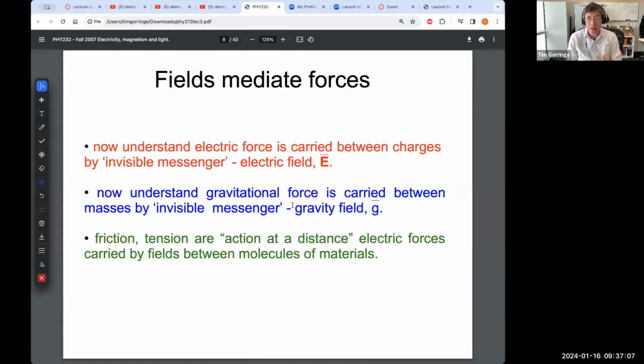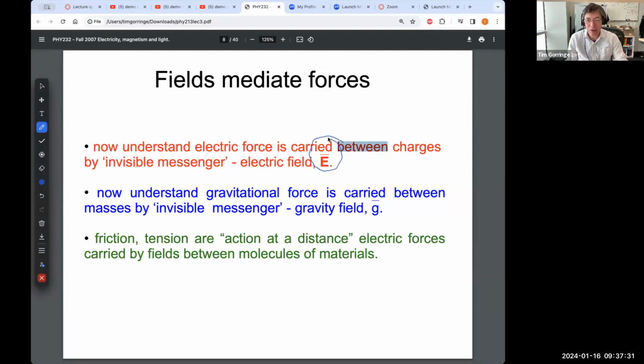It's now understood that the electrical force between electrical charges is conveyed by an invisible, unseen mediator that we call the electrical field. We give it a symbol. Here it is. Oh, I've got to get the pen working.